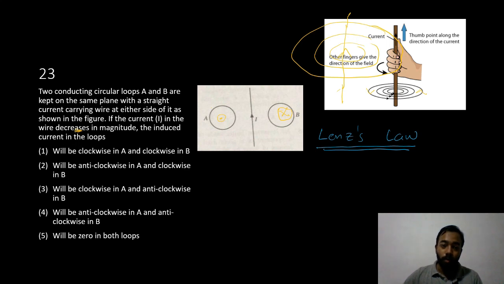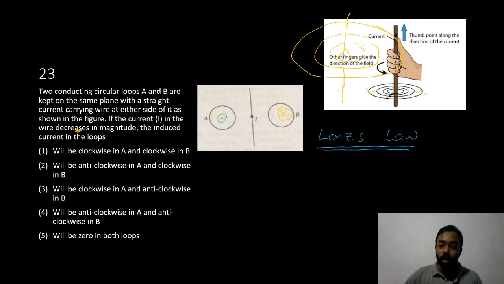So a magnetic field will be created by inducing an EMF which will oppose the change which was created here. So here you can see that the induced magnetic field direction is outwards from the paper.